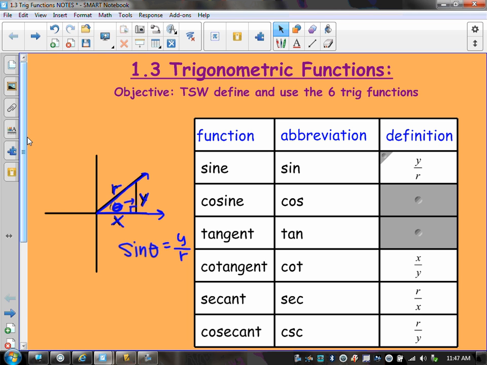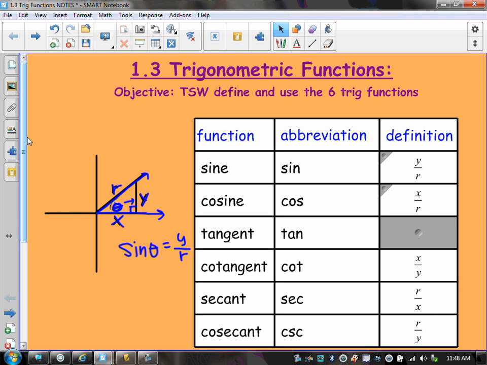So what if I asked you to set up a ratio for cosine? Cosine is adjacent over hypotenuse. Which side is adjacent? Which side is the hypotenuse?